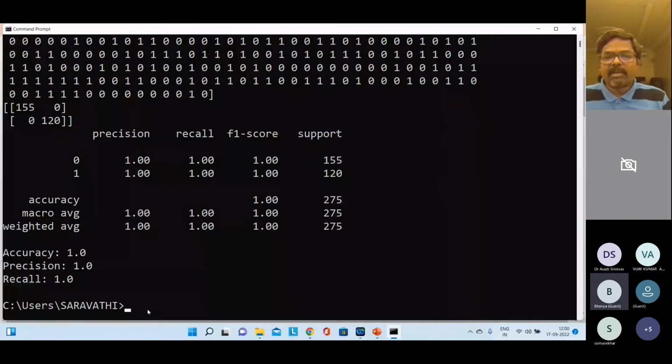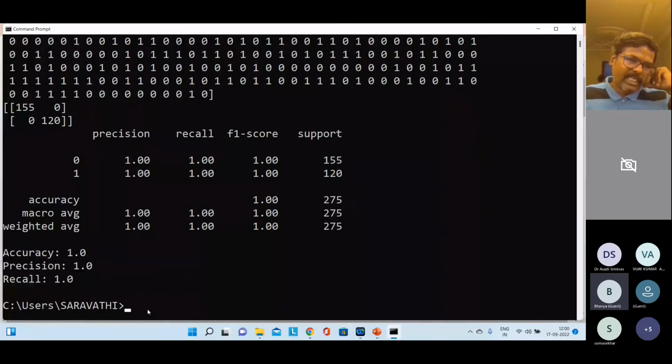See the classification of electrical data, whether all houses are accessing power or not. How do I classify the data? Whoever is paying the amount, I'm classifying as 1. Whoever is not paying the amount, I'm classifying as 0. So the classification here is 0 and 1. 0 indicates not paid, 1 indicates paid.